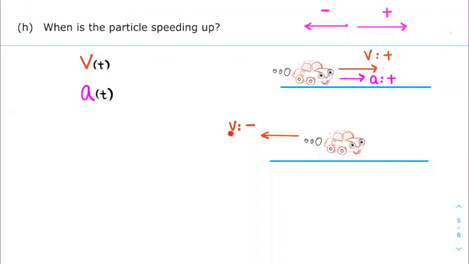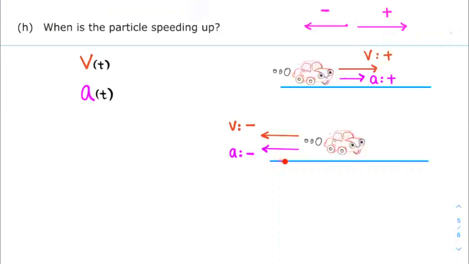If the velocity is negative, which means the object is moving to the left, and if the acceleration is also negative, which means the acceleration is also pointing in this same direction over here, then the object will be speeding up in this direction.